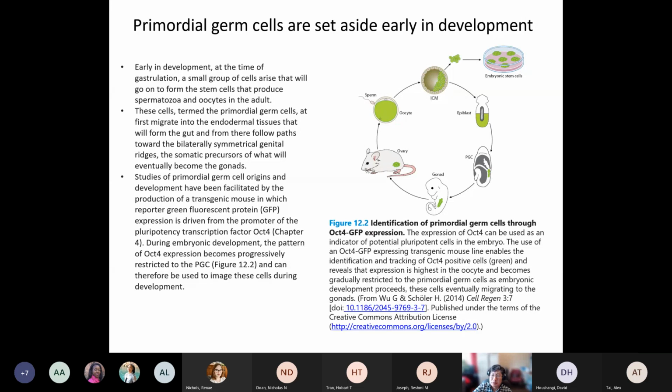So what is a primordial germ cell? They are apparently the ultimate ancestor of all the germ cells, by name. They are separated from other cells very, very early during development. The reason is understandable, because the ultimate purpose of most species is to pass on their genes by reproduction, right?